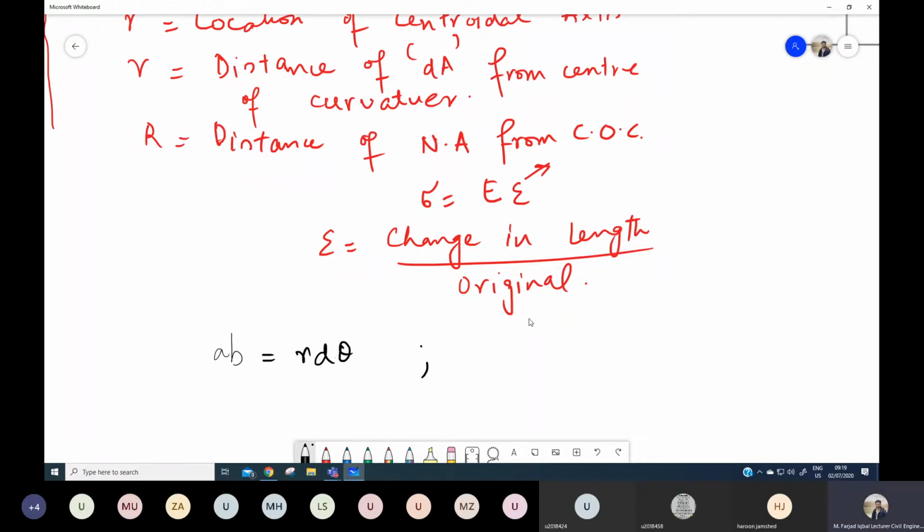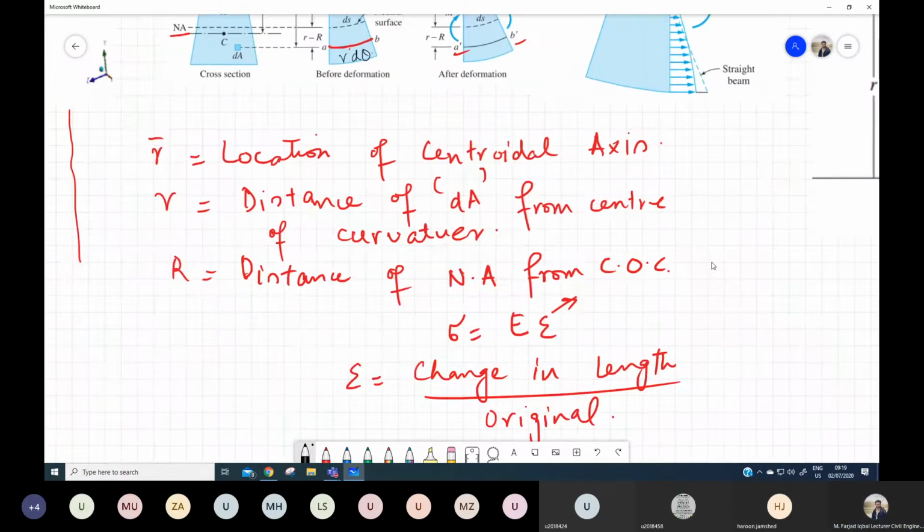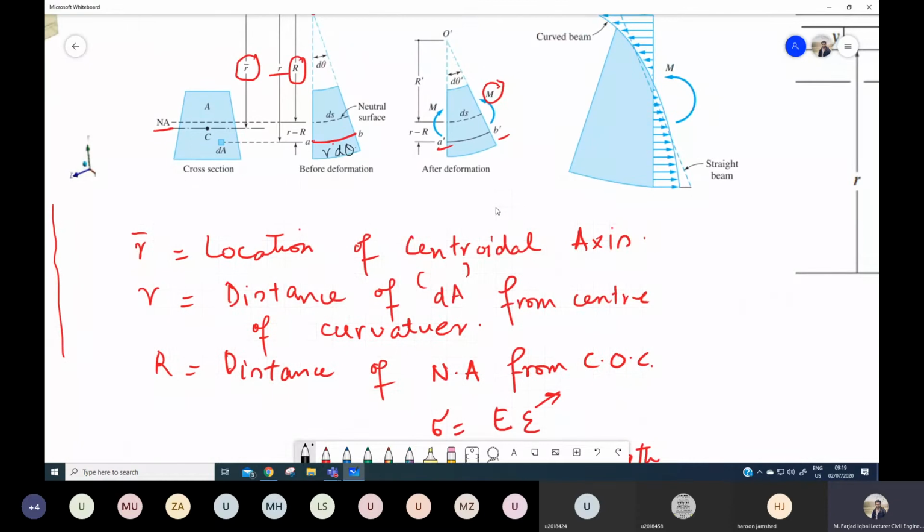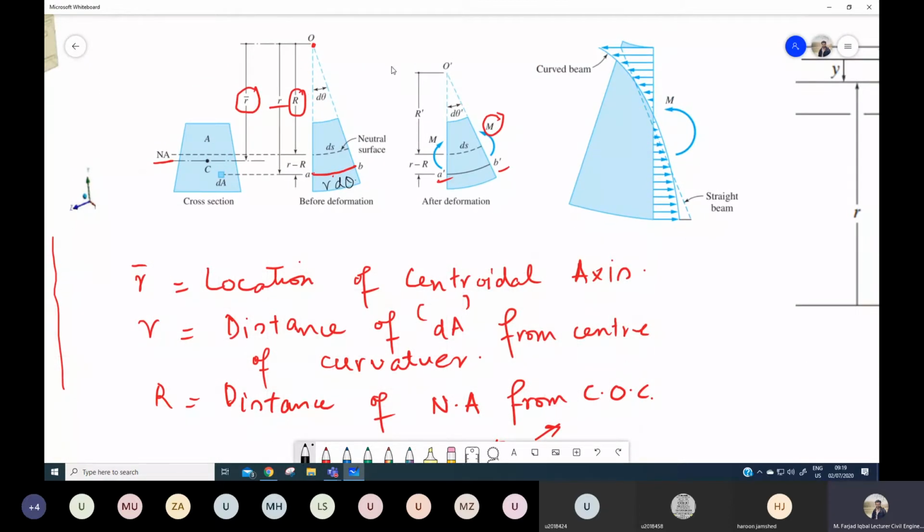And what should be the change in length? For example, after the load has been applied, this R, the distance of the neutral axis from the center of curvature, would obviously change slightly. So it may change to R dash, and this angle theta would also change, so we can represent it by d theta dash. But just for the sake of simplicity, so we don't have too much complexity, we are not going to consider this R dash at this stage.